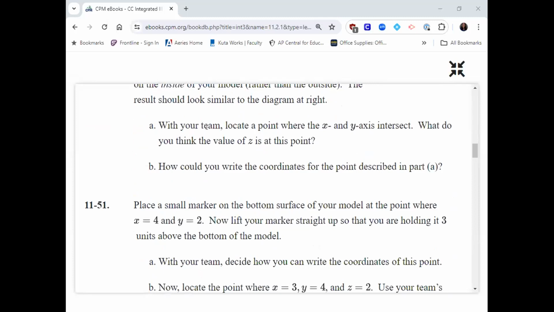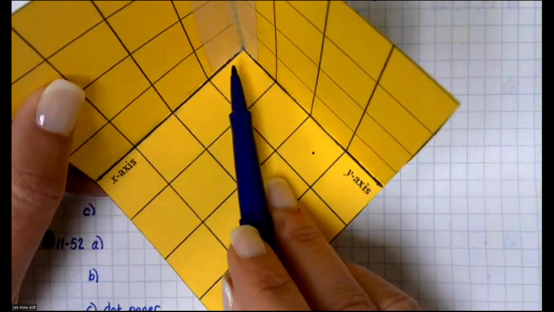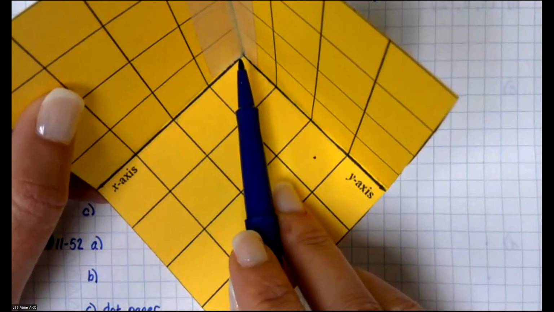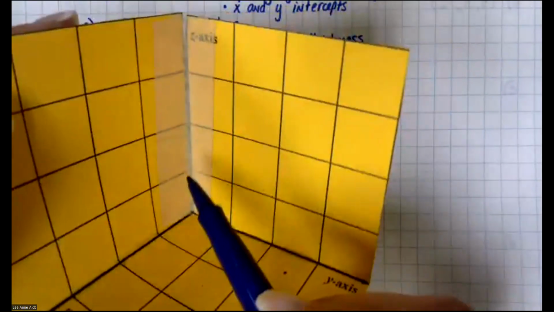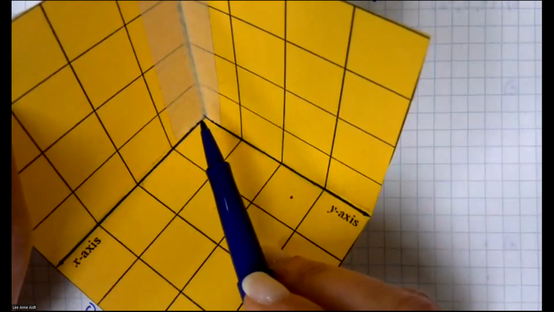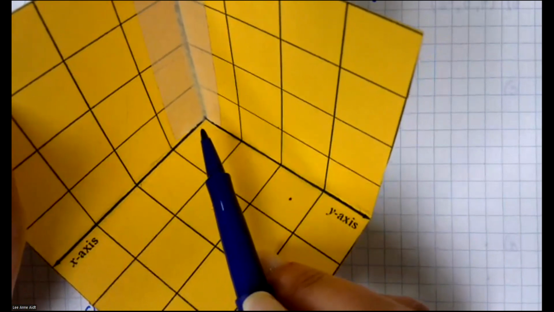With your team, locate a point where the x and y axis intersect. What do you think the value of z is at this point? 0. Beautiful. Okay, so this is the point where the x and y axis intersect. And this point is also z equals 0. This is the origin of your three-dimensional axes.